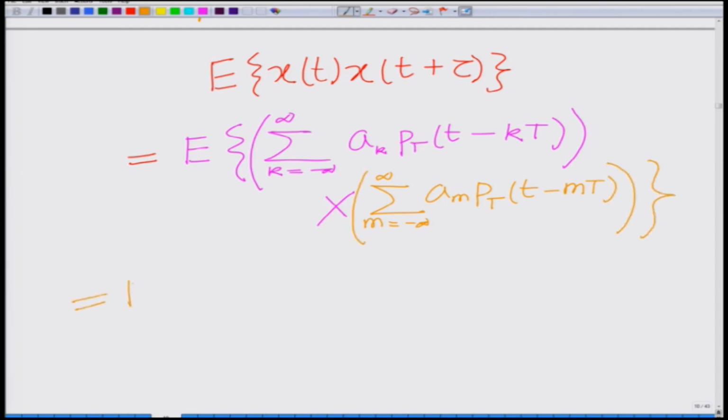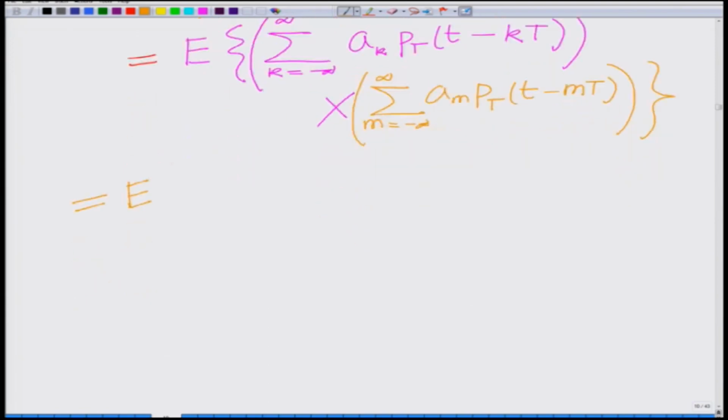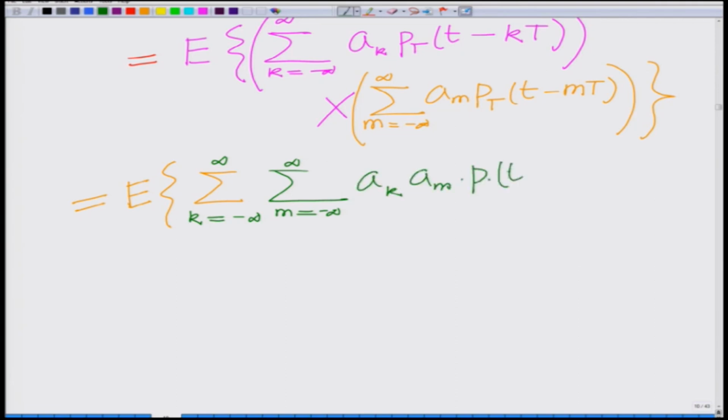Now, we expand the summation, that is, expected value of summation k equal to minus infinity to infinity, summation m equal to minus infinity to infinity a_k a_m p, well, of course, this is x(t), plus tau.